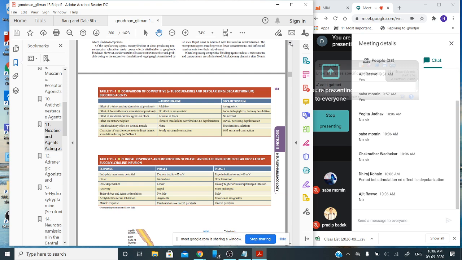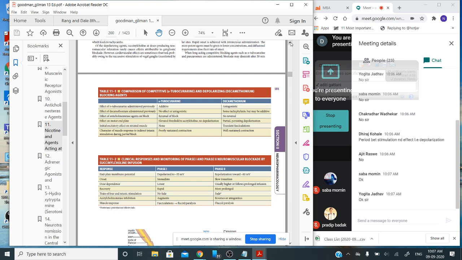Then we'll stop here today. What you will do is learn this whole topic of CNS and skeletal muscle again. Tomorrow I'll ask questions. I want answers first on CNS: how impulse conduction takes place. What do you mean by EPSP? What do you mean by IPSP? Which factors are responsible for EPSP?